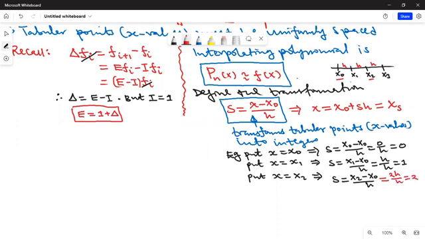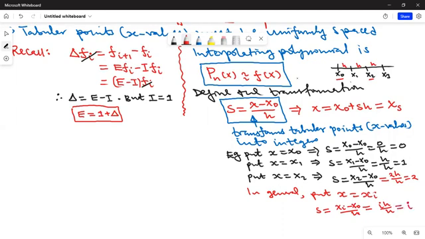So in general, if I put x equals xi, we'll get s equals xi minus x naught over h, which is the same as ih over h, and that will give us i.